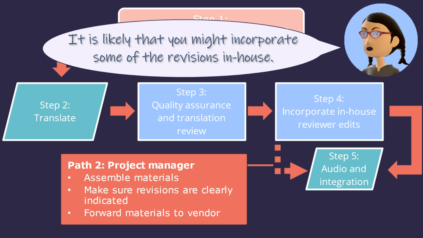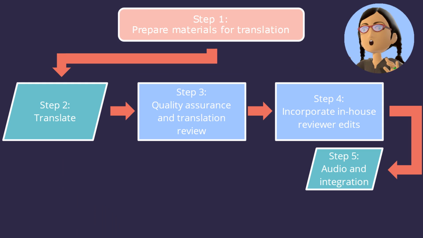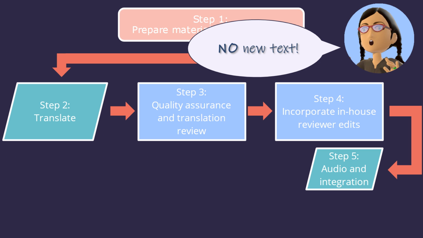It is likely that you might incorporate some of the revisions in-house and leave some for the vendor to integrate. If you want to keep your project on schedule and in budget, regardless of which path you take, no new text should have been added, only corrections to mistranslations, formatting, and usability.